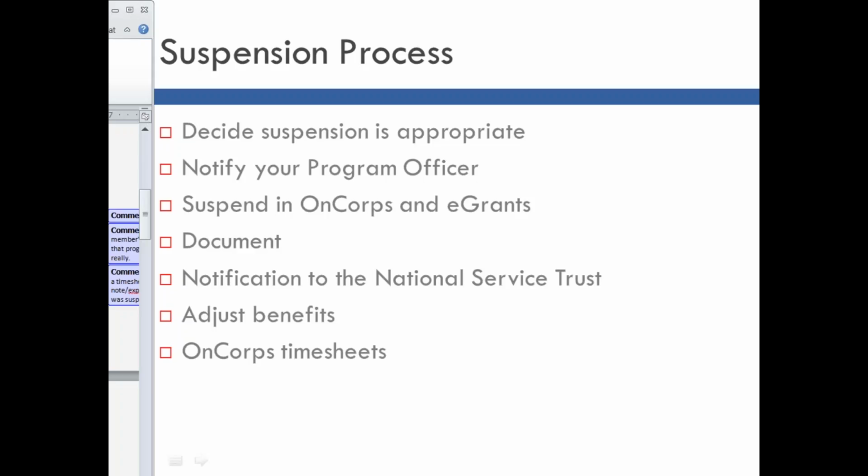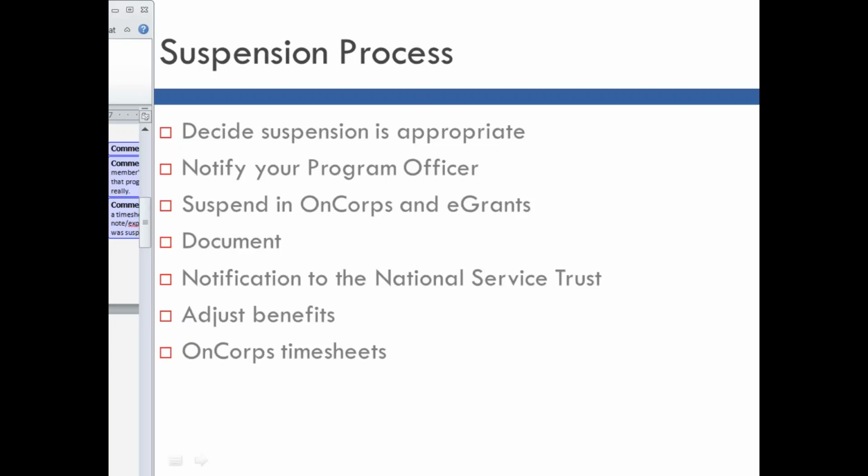Then comes notification of the National Service Trust, and I guess these don't necessarily follow in a particular order, but there's a stipulation in the provisions that requires the National Service Trust be notified within 30 days of suspension, and that the way in which the National Service Trust is being notified is through the portal.